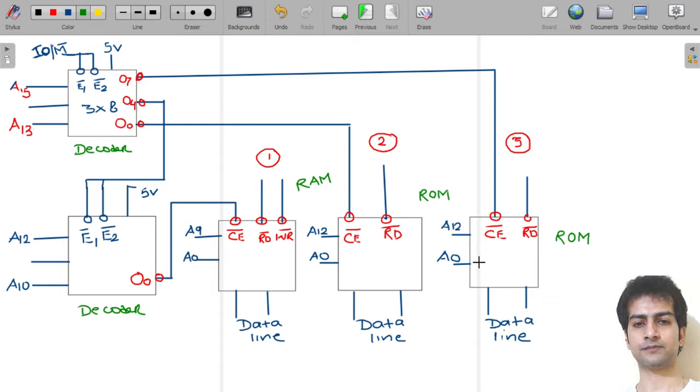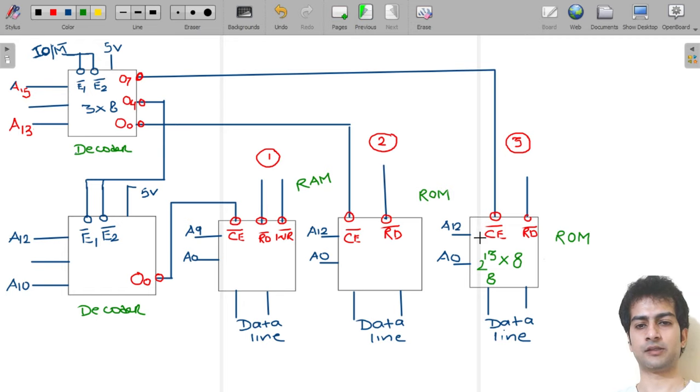Means we can write it as 2 to the power 13, and as each register is having 8 flip-flops, this 2 to the power 13 into 8 will be bits, because into 8 is there.